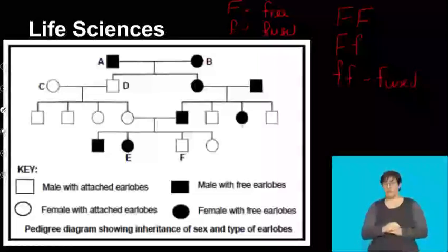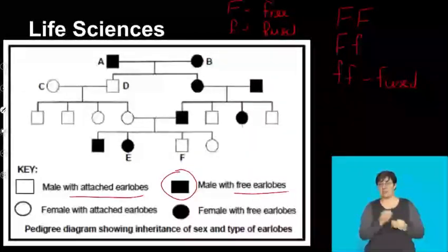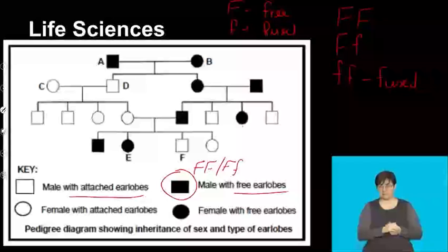And this means in the context of this chart, let's look at the key. So males with attached earlobes are unshaded. Males with free earlobes are shaded. So this means that free would be capital, capital, or capital small. So these are the possibilities. We know that the free earlobes have to be these.